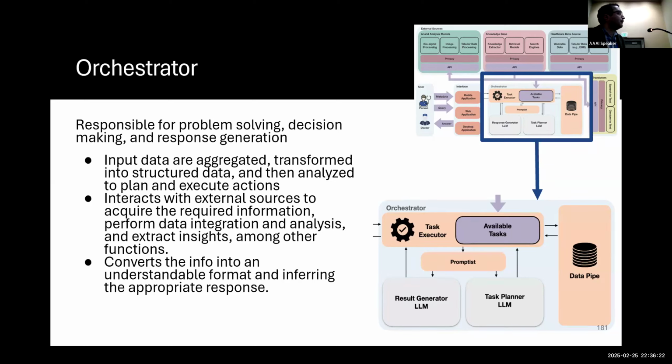So it interacts with external sources to acquire the required information. It could be something like another model which is trained on a specific data or a specific task. Consider this, when we use GPT or any other LLM, we provide everything in the prompt and ask to provide the answer, right?